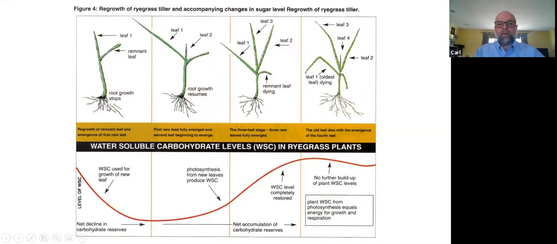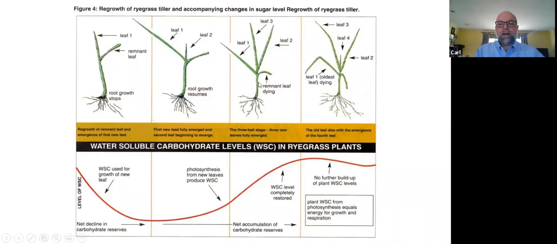So right after grazing, when you start to get some new growth, you've got one leaf starting to emerge, okay? And that regrowth is fueled by those carbohydrate reserves, and there's that drawdown that we were talking about. When that first leaf is fully emerged, and then you start getting a second leaf starting to emerge, you're starting to get enough leaf area to get some photosynthetic activity to start replacing those carbohydrates, but it's still pretty low.